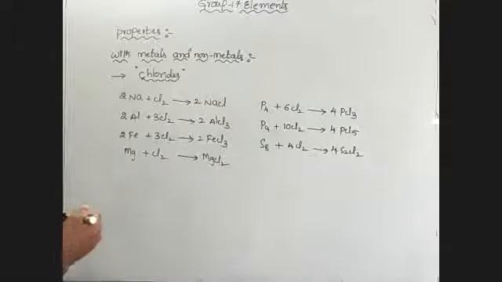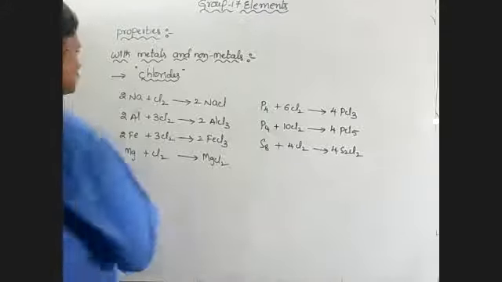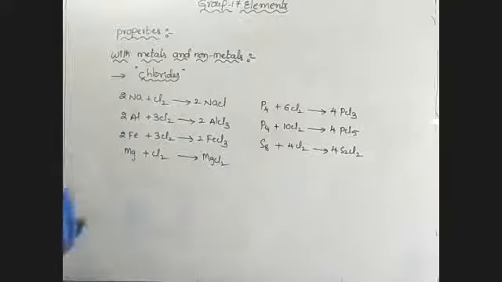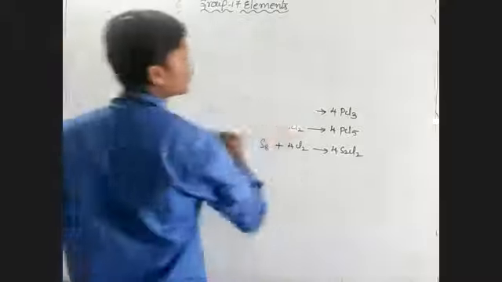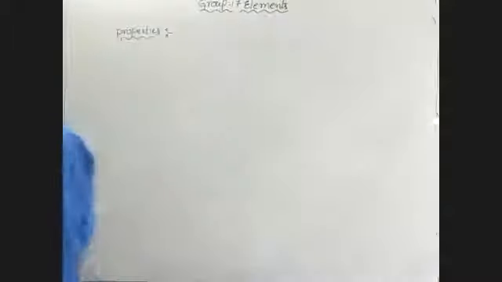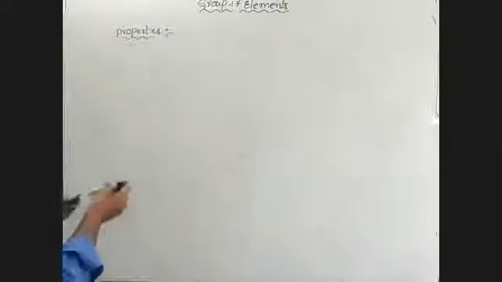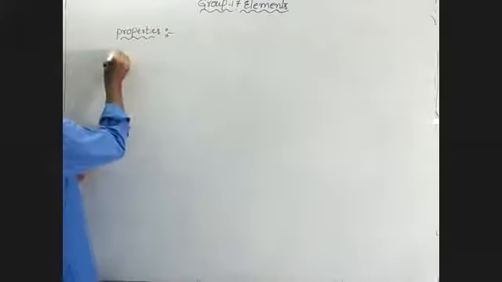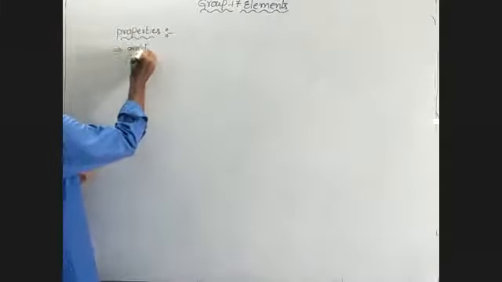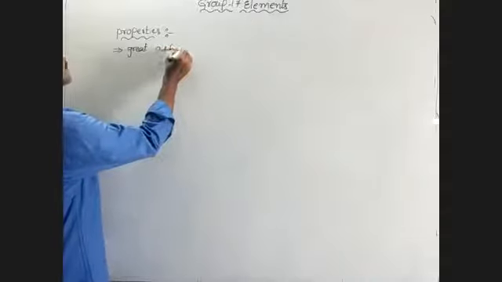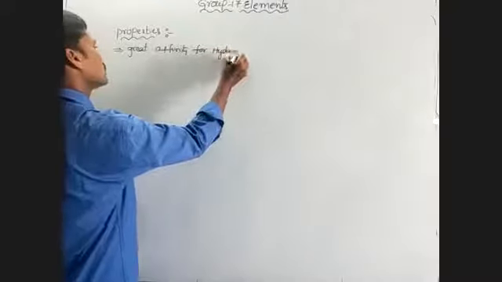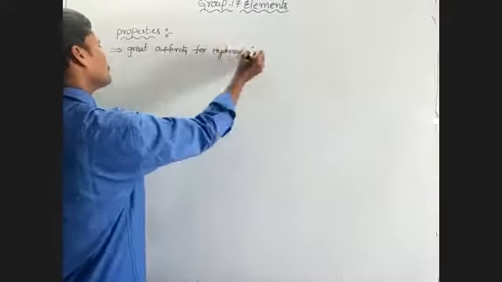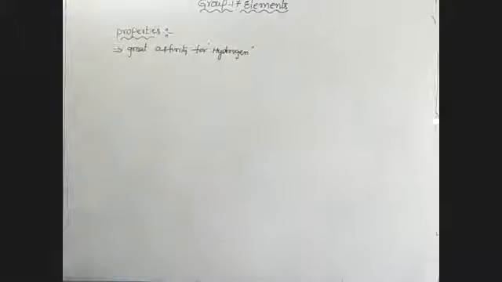It has a great affinity for hydrogen. Chlorine has a great affinity for hydrogen. So chlorine reacts greatly with hydrogen.